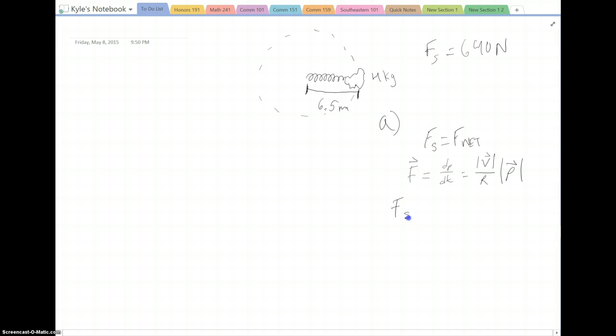So the force of the spring, and we'll make this the magnitude, is equal to V over R, and we're going to make this P into M V. Now we want to solve for V, so we'll divide by M and multiply by R, so we'll have R F spring over M equals V squared.